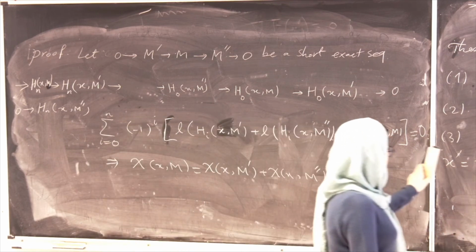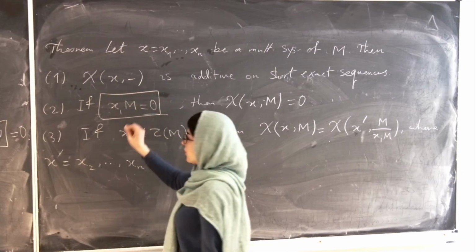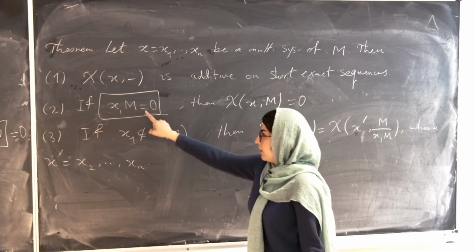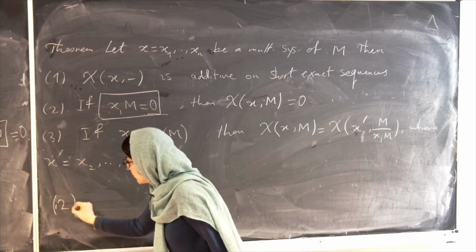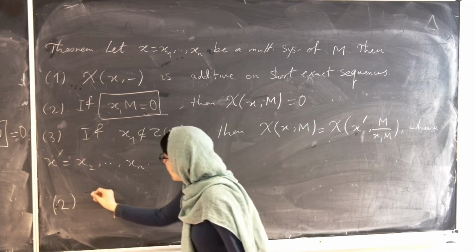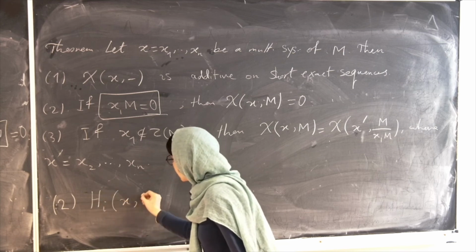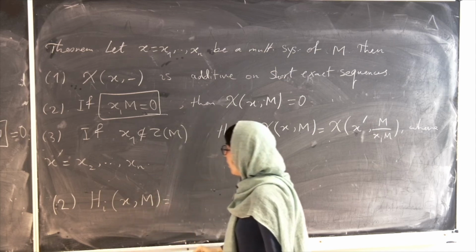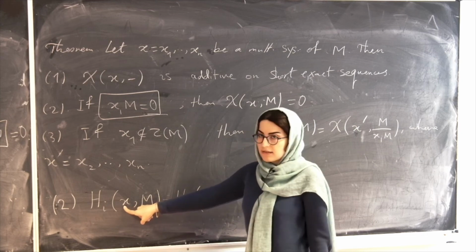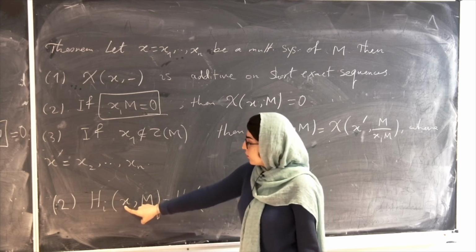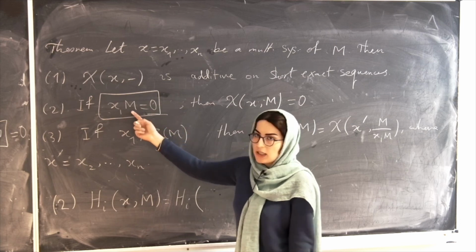For the second part, because I have this condition for x1, I know that the homologies of x and m is equal to, here I just replace the first element in the sequence, which is x1, by 0, because x1 annihilates the module.